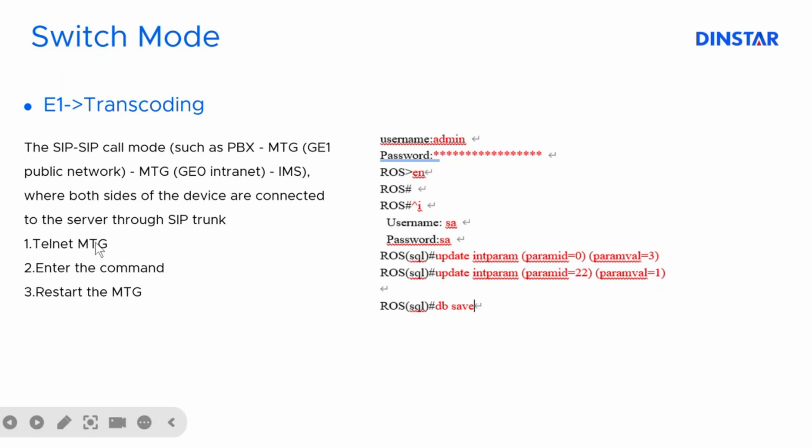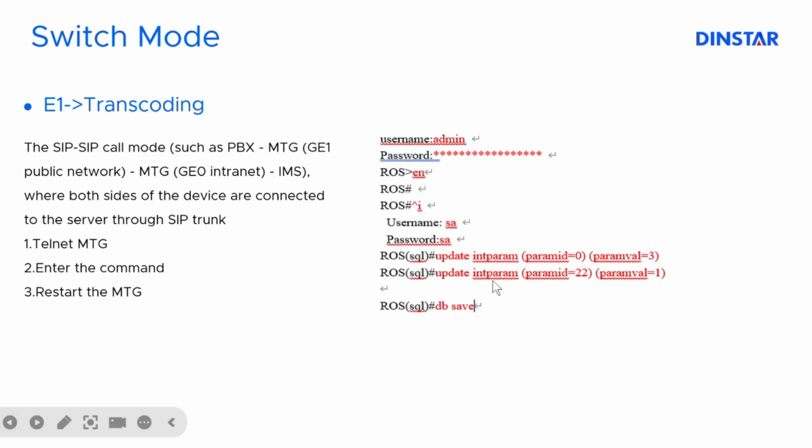So first we need to telnet the MTG, enter the recovery commands, and we also need to restart the MTG. And for the transcoding sessions, we also need another command, like parameter 22.